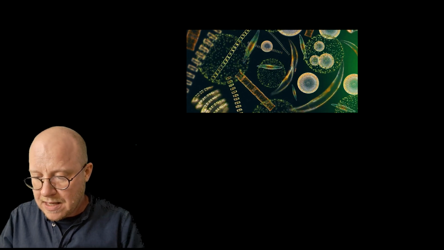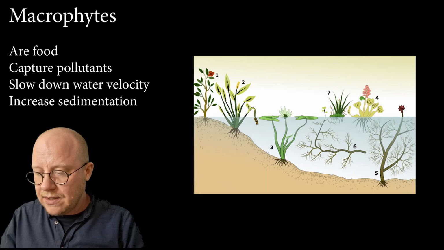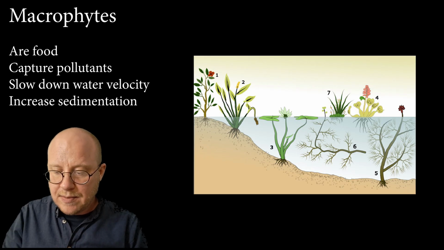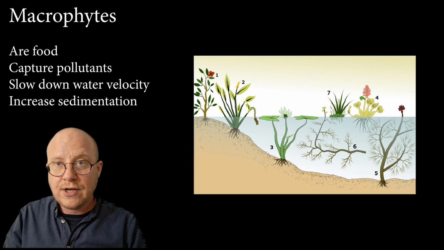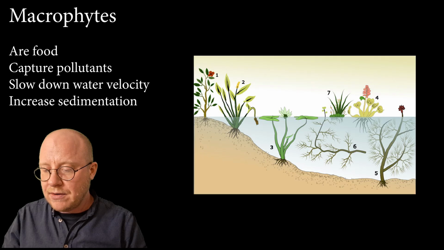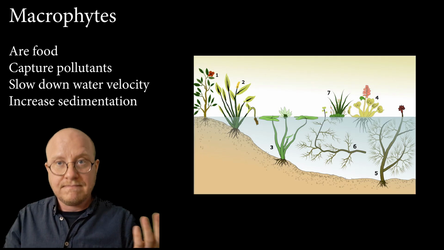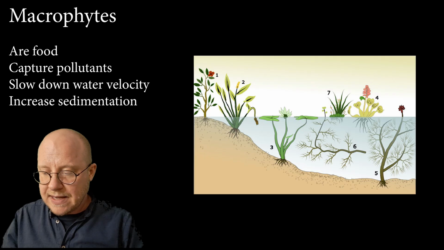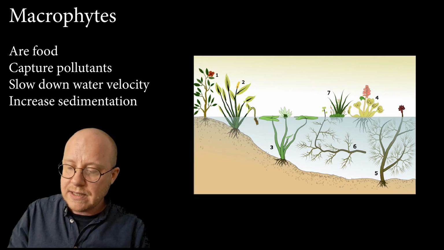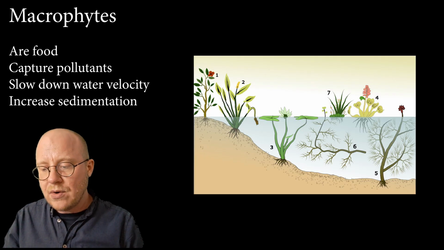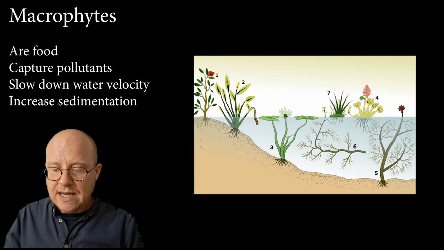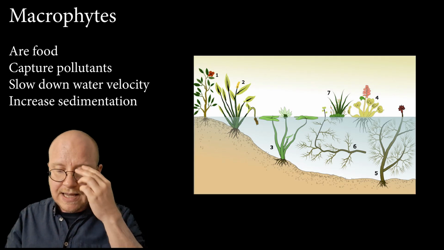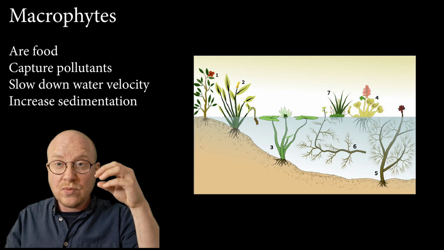Okay? Macrophytes grow in or near the water and can be emergent, submergent, or floating. Macrophytes are producers, because they're plants and they do photosynthesis, and therefore form the basis of the food chain for many organisms. They also slow down water velocity in rivers, increase sedimentation, and may capture pollutants. By capture, it usually means in their roots.